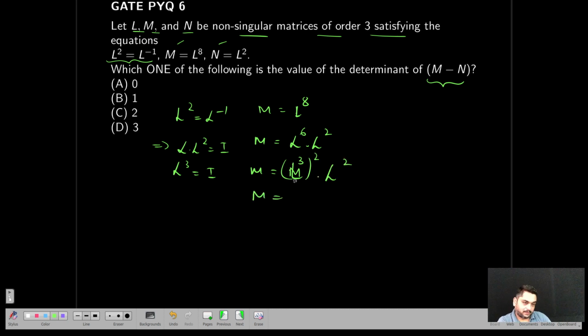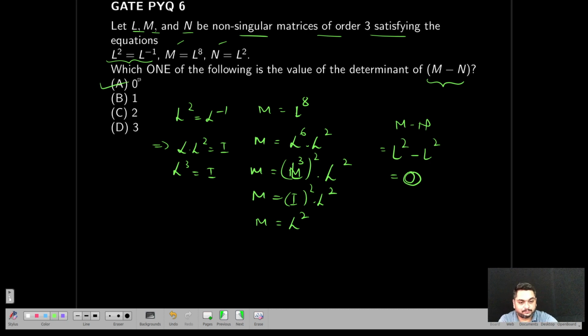This M now becomes L cube is I, I square into L square. So I square is again I only, so I can just write it as L square. So M minus N is equal to L square minus N, and N is already given as L square. So this is equal to the 0 matrix. The determinant of the 0 matrix is 0.